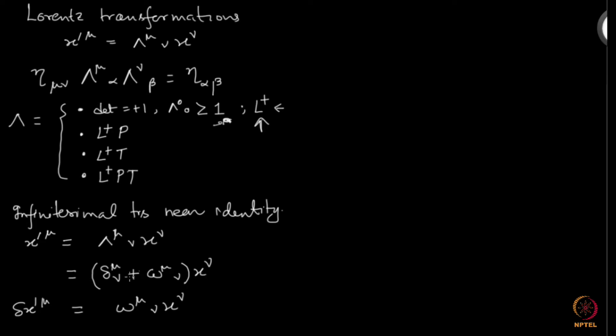Now I want to bring the first index down so that both the indices on omega are lower indices, and rewrite this. I can bring it down using the metric tensor eta. Instead of mu, I will just write rho. So delta x'_rho is eta_rho mu omega^mu_nu x^nu.